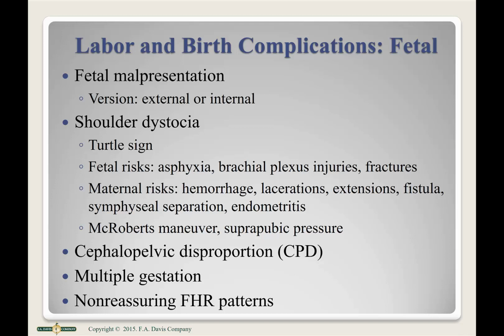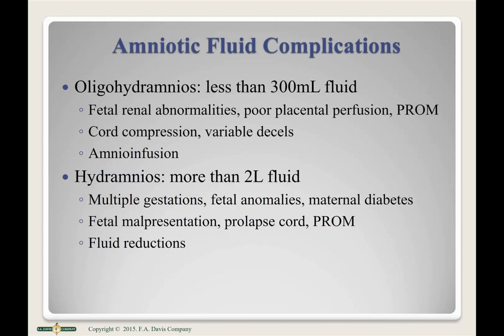So that's a protocol in most hospitals, that multiple gestations, even though they're vaginal deliveries, will be moved to the OR to do that delivery. And then, of course, we talked about all the non-reassuring fetal heart rate patterns. Those are complications of labor and birth.